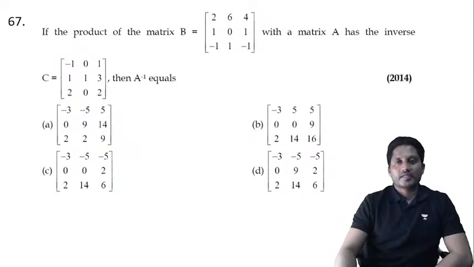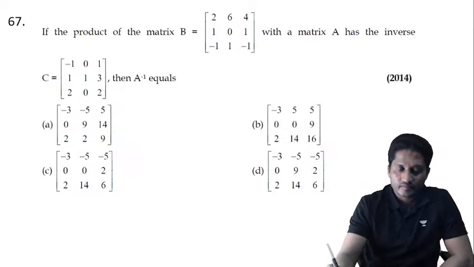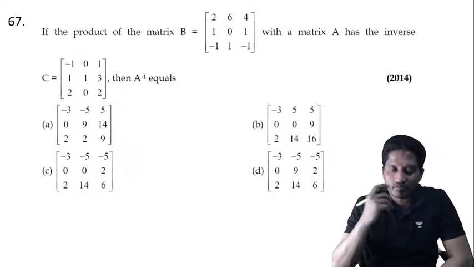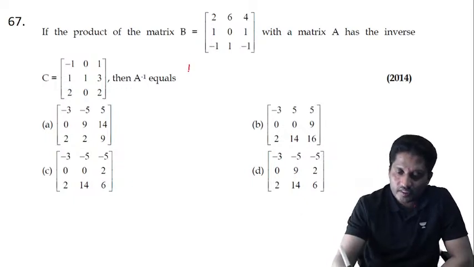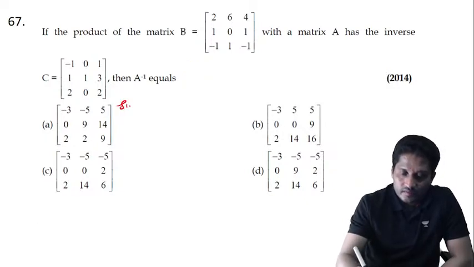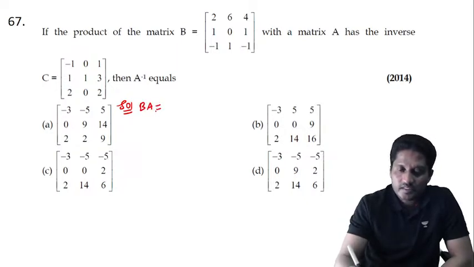Question number 67. Okay, now listen. If the product of matrix B with matrix A has the inverse C, that is, the product of matrix B with matrix A has the inverse C, that is C inverse.